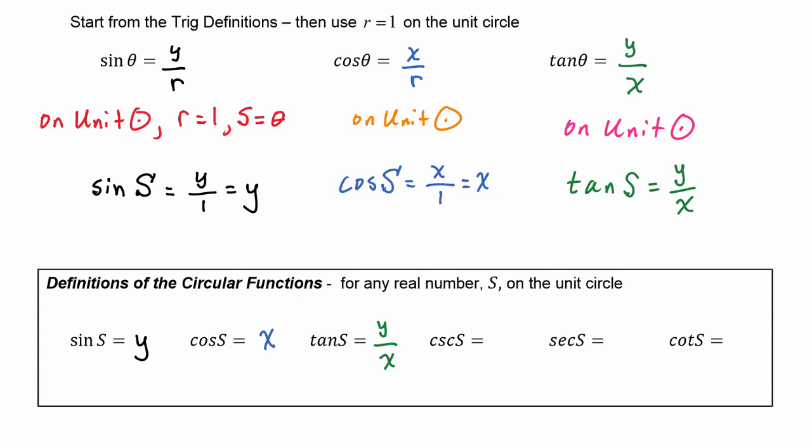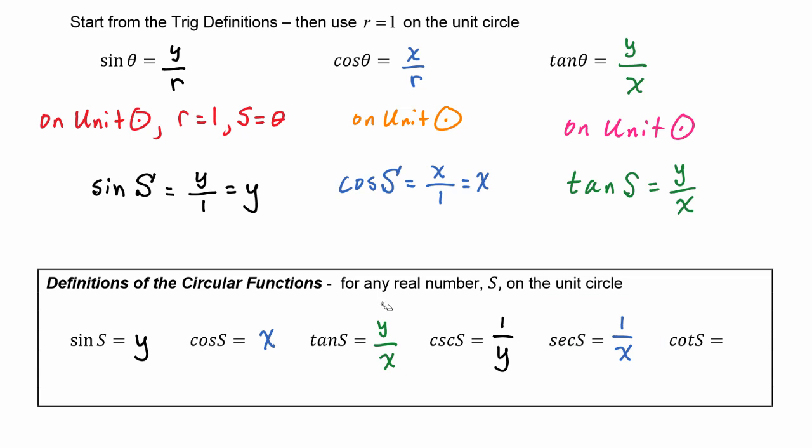And then we can use the reciprocal functions. If sine of S is equal to y, then cosecant of S is going to be 1 over y. If cosine of S is equal to x, then secant of S will be 1 over x.